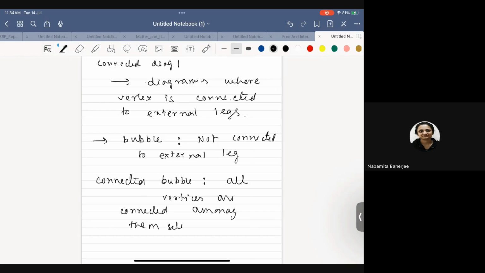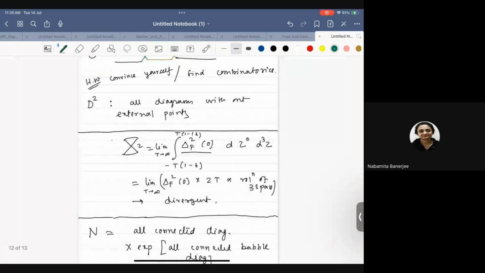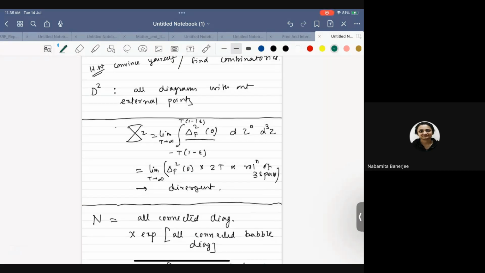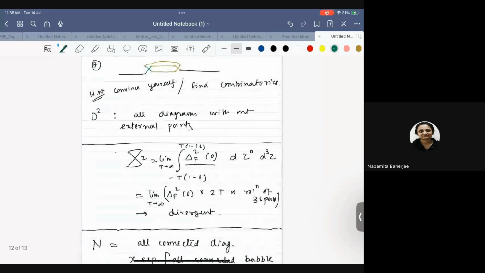And if you have noticed, the divergence really comes from these guys. I have only shown you an example, and you have already understood that these sort of diagrams will always give me a Feynman propagator, which is a constant because it is evaluated at 0, and then the space integrals will be left because every vertex comes with an integral.